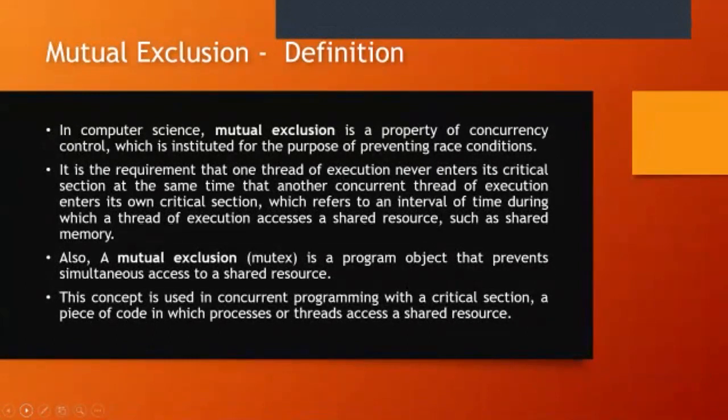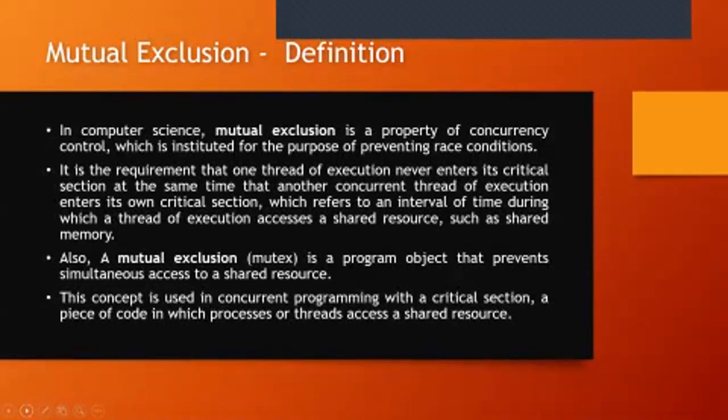In computer science, mutual exclusion is a property of concurrency control which is instituted for the purpose of preventing race condition. What is race condition? When more than one process is asking for the same resource, then it is called race condition.